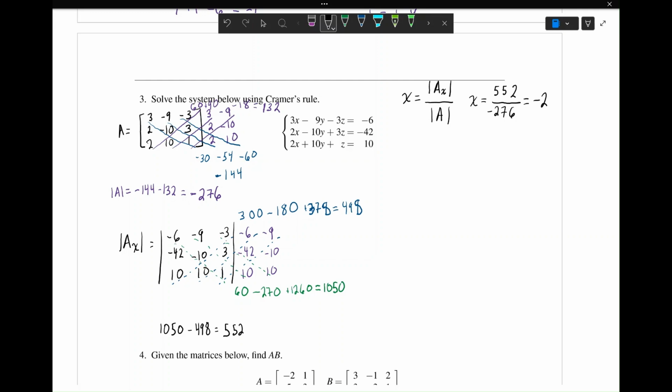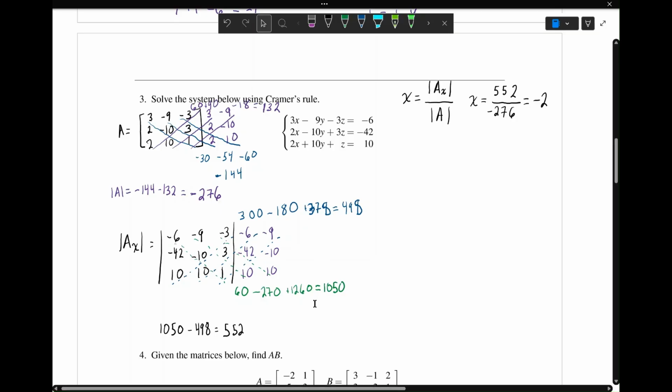Now we find y and z the same way. Now, if you feel like you have this technique down, you can skip this part of the video. But if not, I'm going to go ahead and show how to find Ay and Az to help give us more practice in doing these determinants. All right, let's find Ay, or I should say the determinant of Ay.